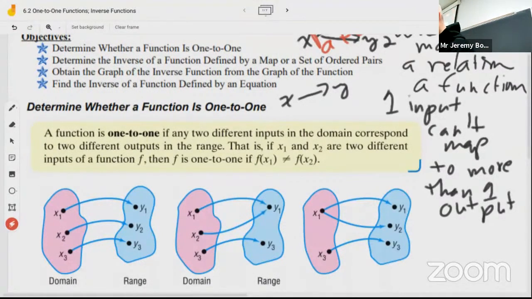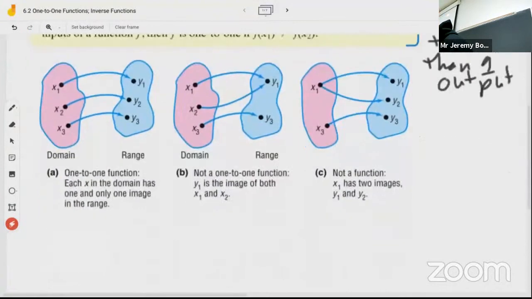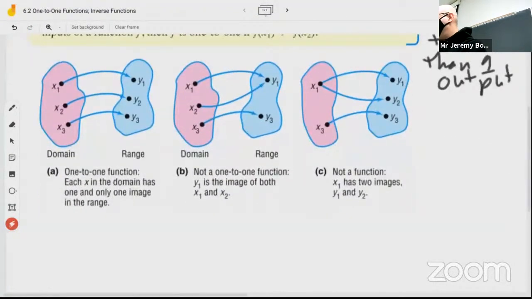So the way that I like to word it, shorthand: is a one-to-one function?